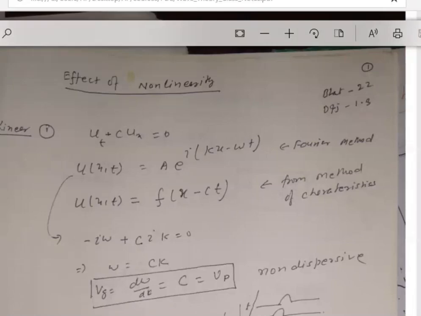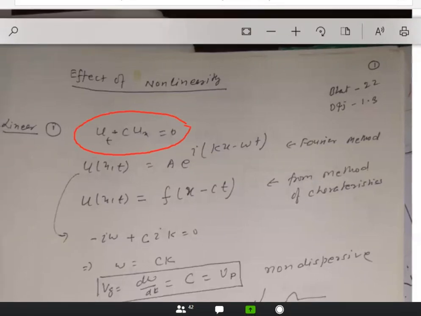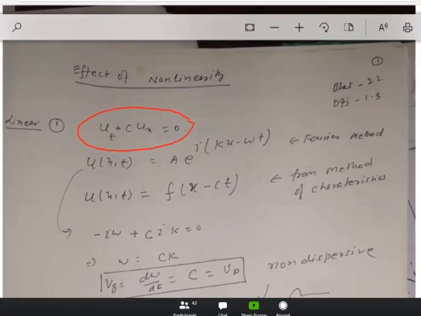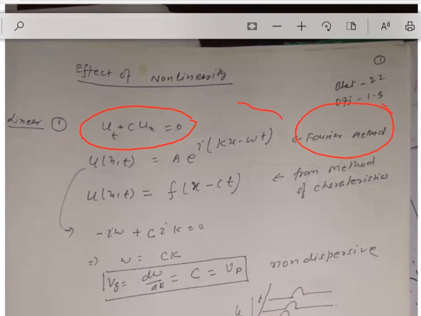Before that, let us consider this. This is a linear wave. As we have seen at the beginning, any wave can be decomposed in terms of Fourier modes. So let us consider the wave solution to be something like this, a complex solution.